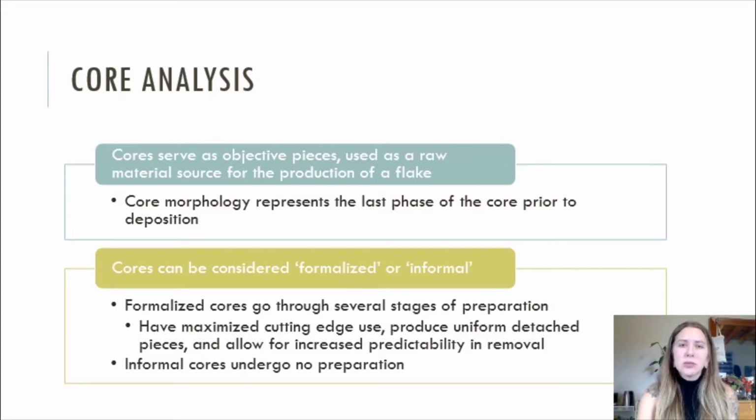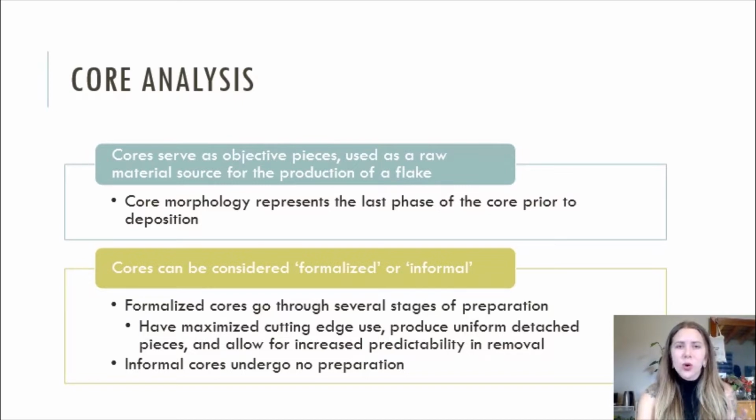Further, when interpreted, cores can be considered either formalized or informal. And what this indicates is the level of prior preparations that went into the core before its use for flake extraction. Formalized cores undergo a series of preparations, sometimes in stages, to allow for maximized cutting edge of flake products, as well as an increased uniformity when detaching pieces with more predictable removal patterns.